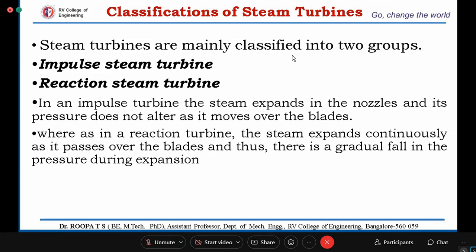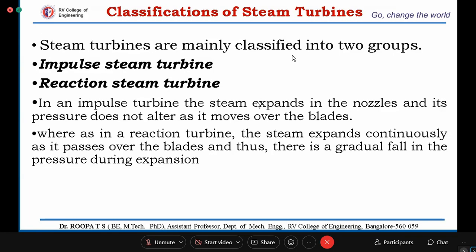But in case of a reaction turbine, we will have fixed and moving blades arranged in an alternate fashion. So the aerofoil structure of those blades itself will provide the nozzle effect. So here we won't use a separate nozzle in reaction turbines. Okay, so that is what we discussed in the previous class.